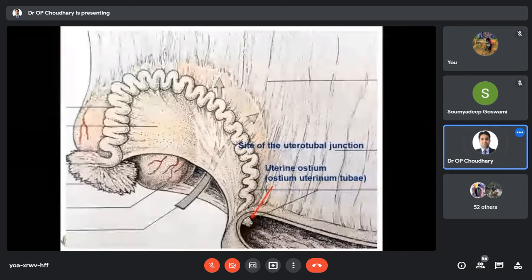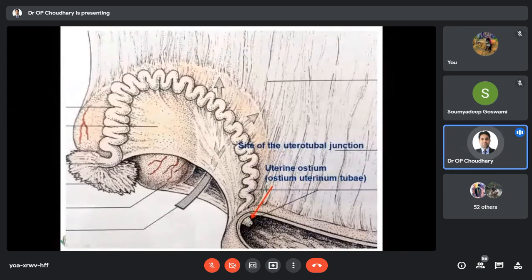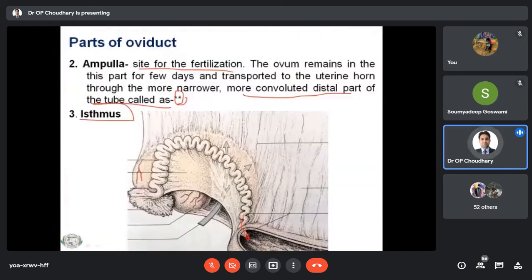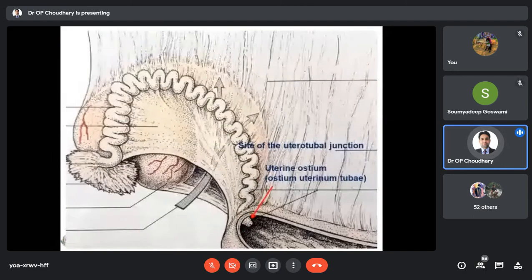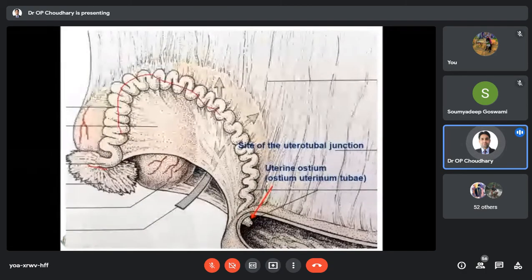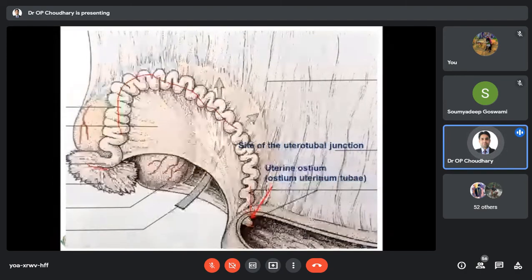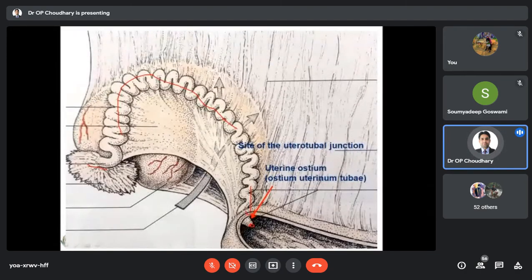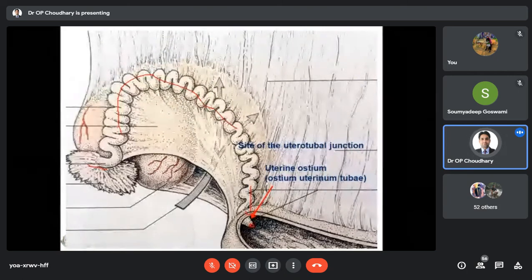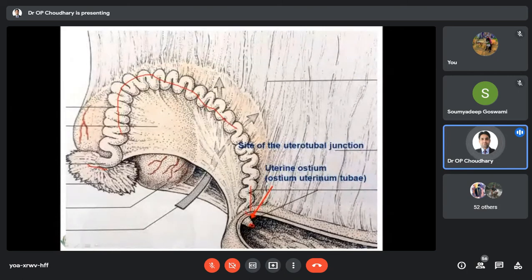So I already told you that this part is the infundibulum, then the ampulla, and here is the isthmus. And there is one small opening here. This opening over the uterine horn is called the uterine ostium, or ostium uterinum tubae.